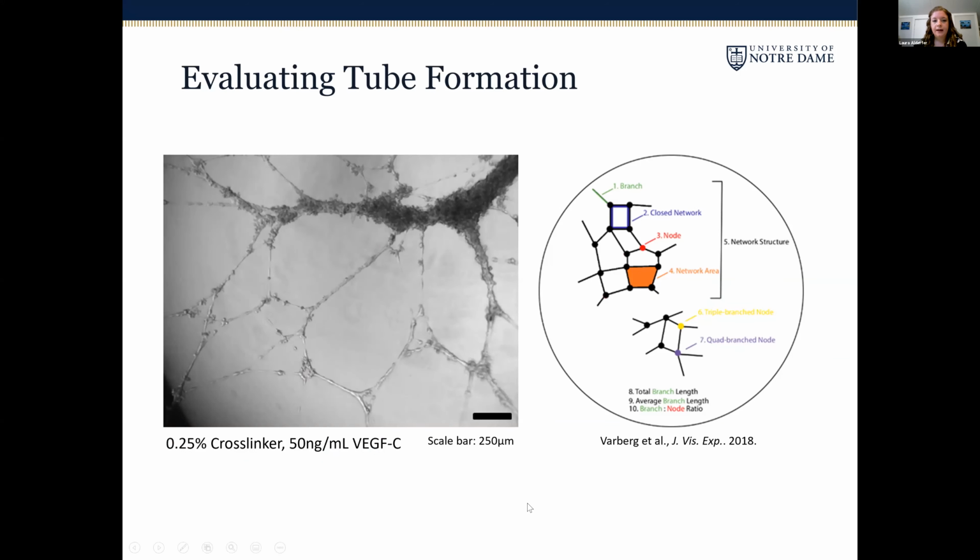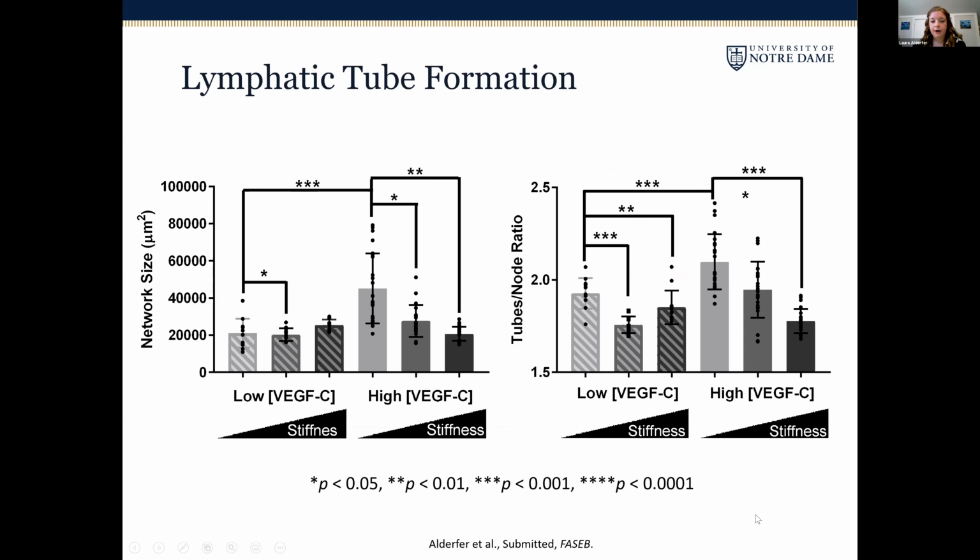Looking at the lymphatic vessels that we're growing on these hydrogels, this is just a representative picture of what we would see on our softer gels. And we're using this skeleton system called KAV, or Kinetic Analysis of Vasculogenesis, which was developed by collaborators at IUSM. That's what we use to characterize our formation.